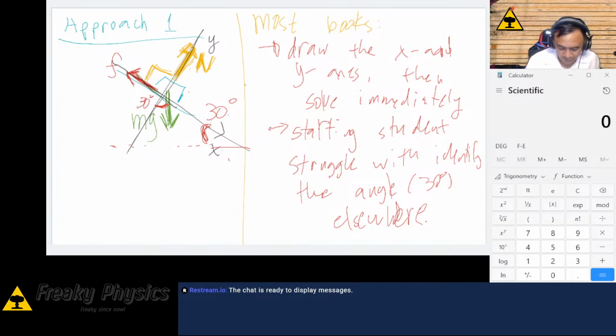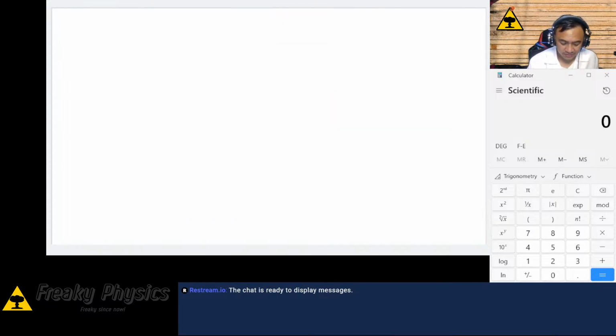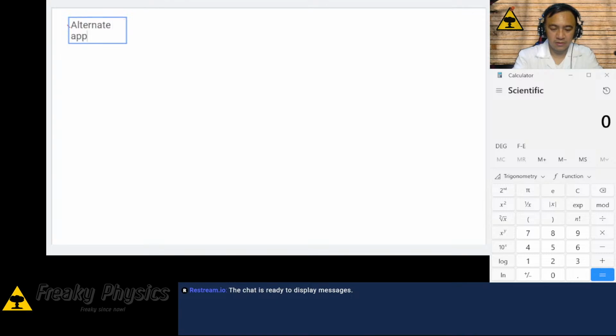Now, my approach here is an alternate approach. The alternate approach is to still do the same thing: still identify your x and y axes, but you do a second trick.